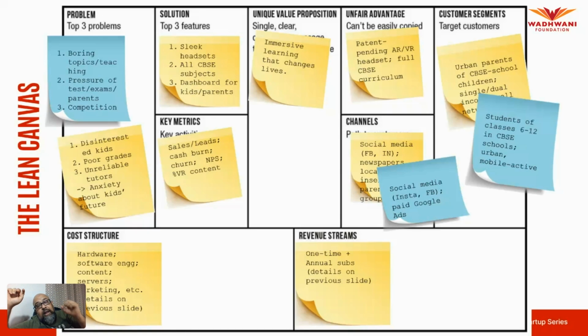So channels are not just channels of distribution, but also channels of the money flow. Channels are also about communication both ways. One is how you reach out to people, and then how people reach out to you in the form of their feedback or whatever.